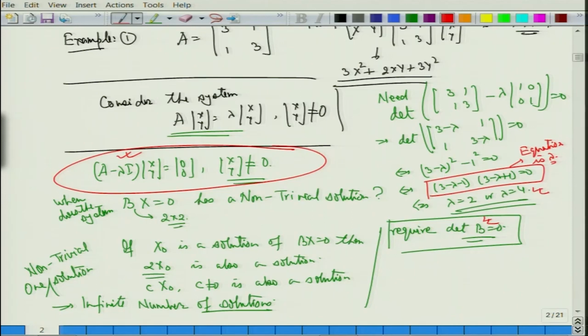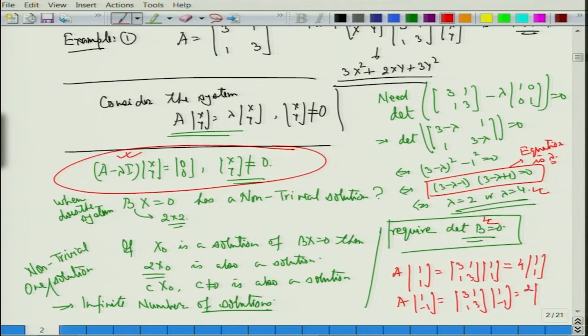I would like you to see that A times the vector (1, 1), which is the matrix [3 1; 1 3] times (1, 1), is equal to 4 times (1, 1), and A times (1, minus 1) is equal to [3 1; 1 3] times (1, minus 1), which is 2 times (1, minus 1). All right.